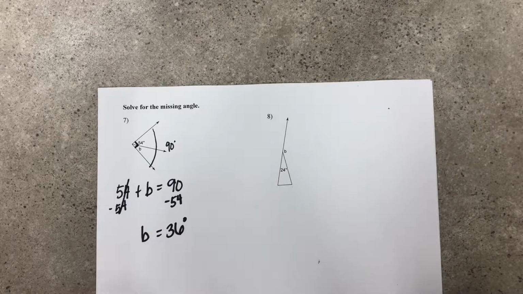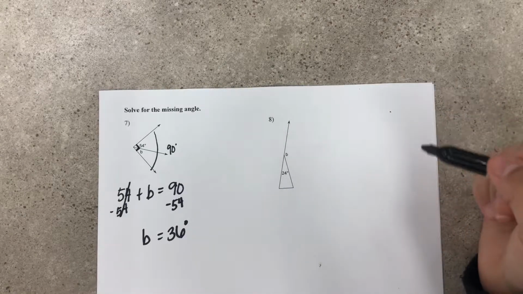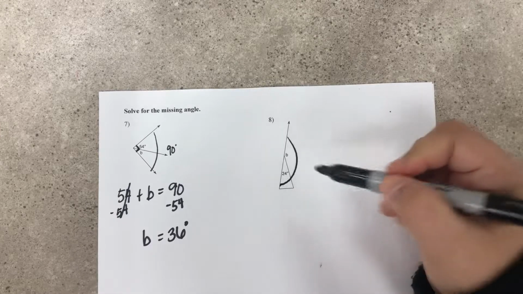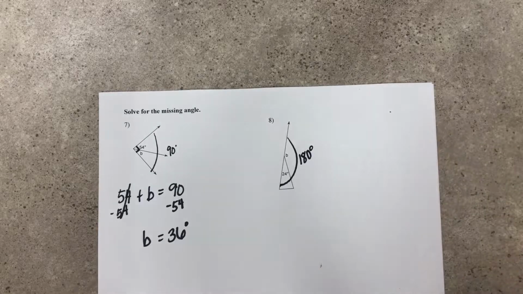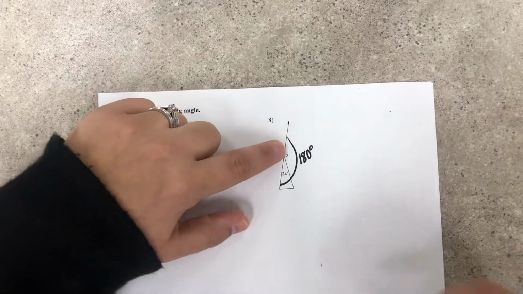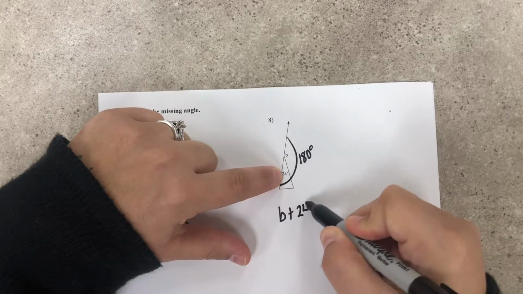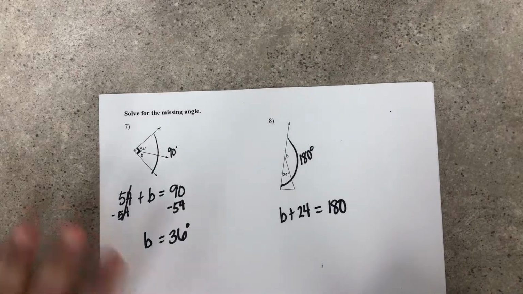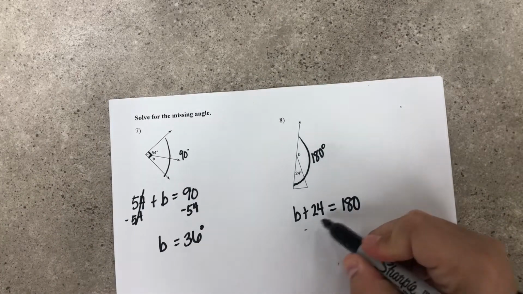So for number 8, these two make a straight line, which means they're going to be equal to 180, right? Whatever those angles are, they have to add up to 180 degrees. And so I'm going to say this angle plus 24 equals 180 degrees. And then again, we just have a one-step problem. I'm going to subtract 24.